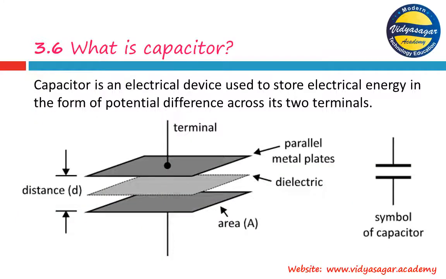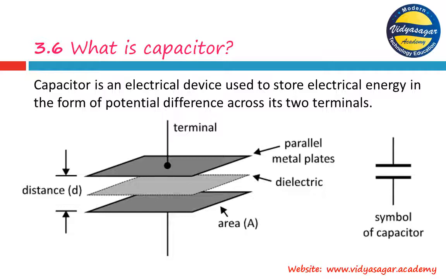Coming to topic 3.6, we shall see now what is a capacitor. Capacitor is actually an electrical device. It is a passive type of electrical component. It is used to store electrical energy in the form of potential difference across its two terminals. Now the internal structure of a typical capacitor is given below.